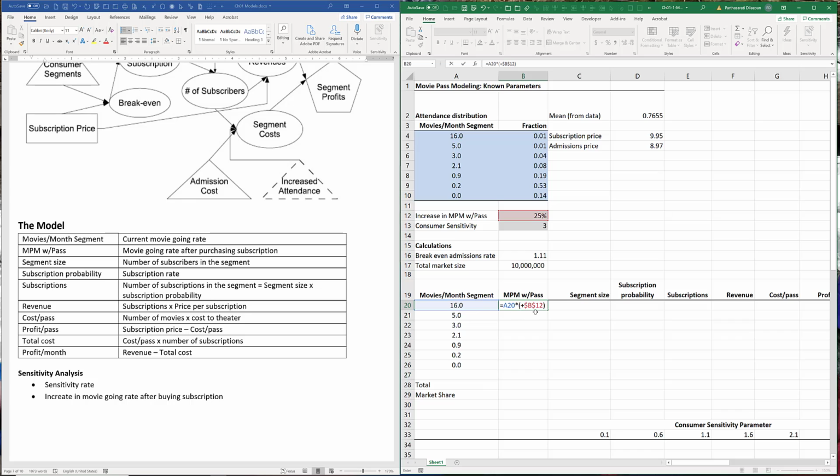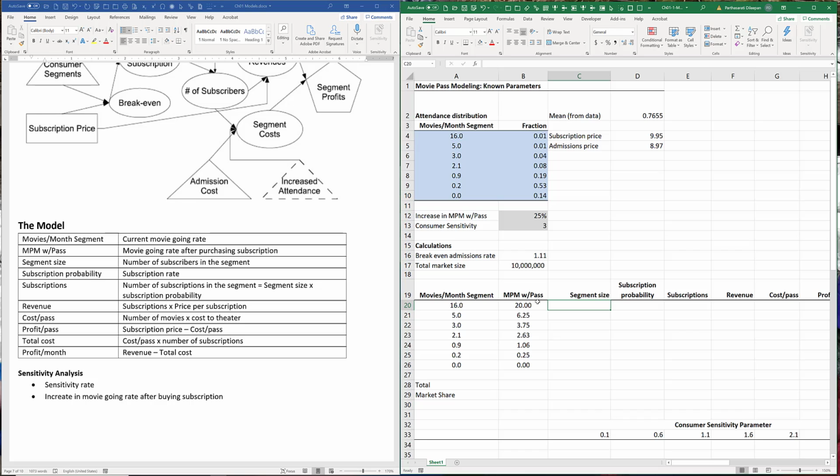That will be the new movie going rate, increased by 25%. I missed the 1 there. Copy that, and let's have a uniform number of decimal places.